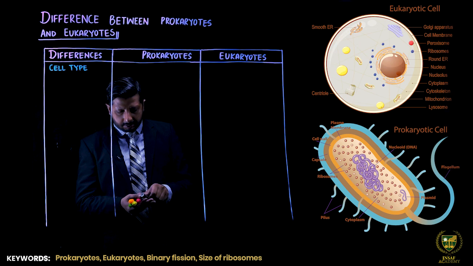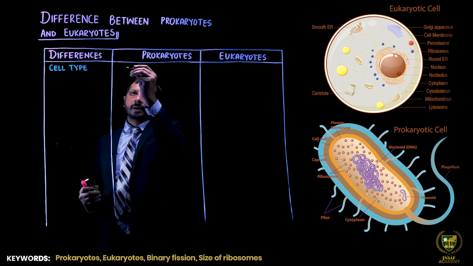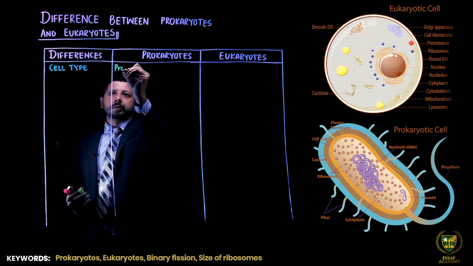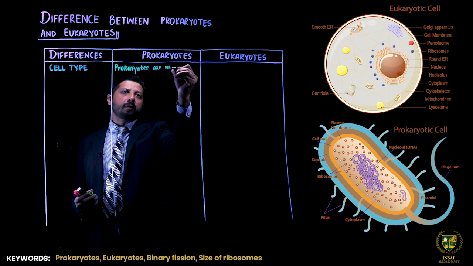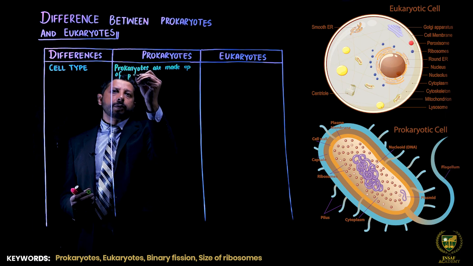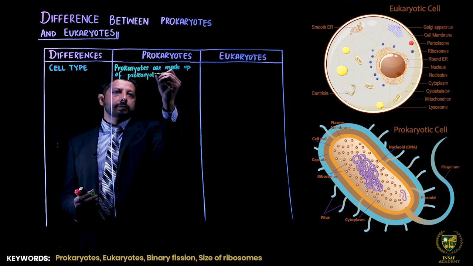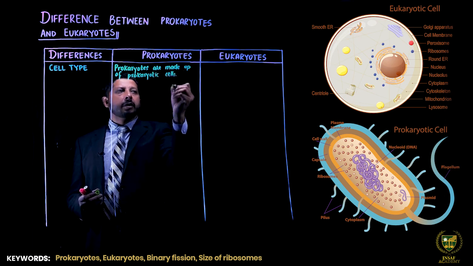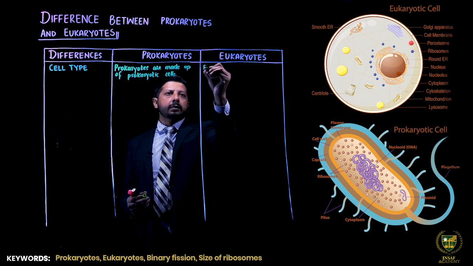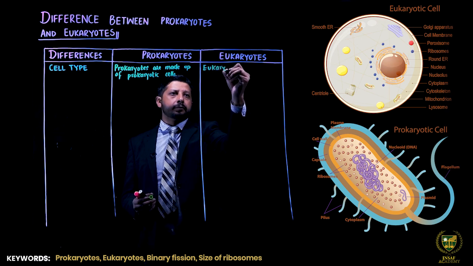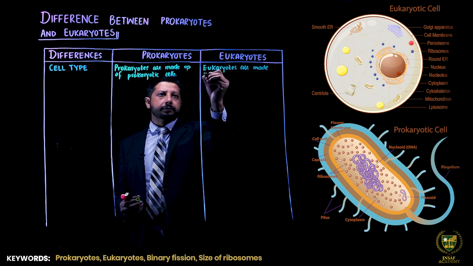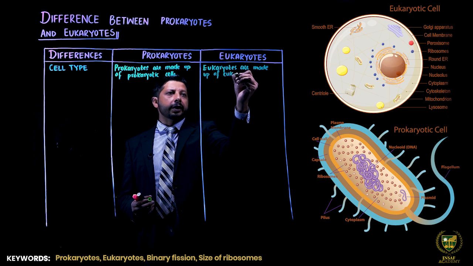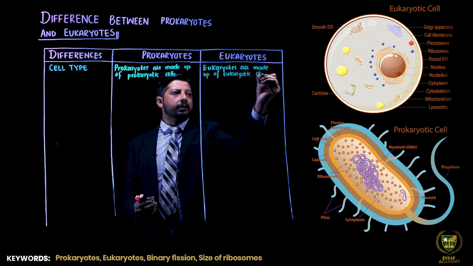As far as the prokaryotes are concerned, the prokaryotes are made up of prokaryotic cells, while the eukaryotes are made up of eukaryotic cells. Clear?